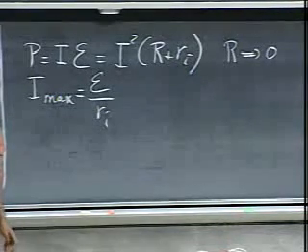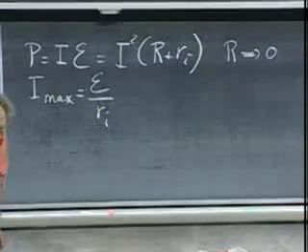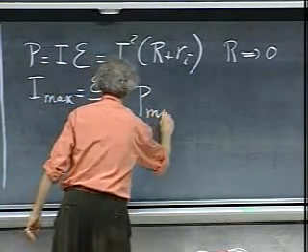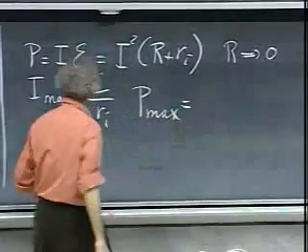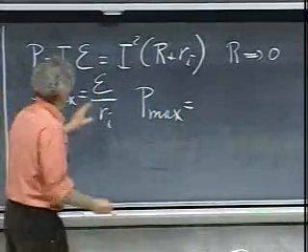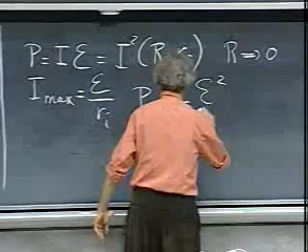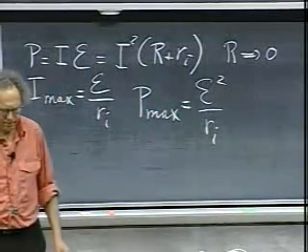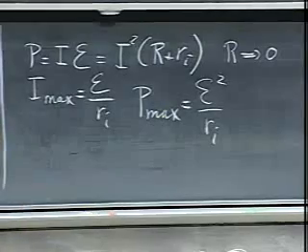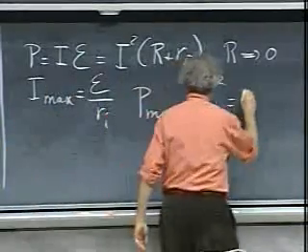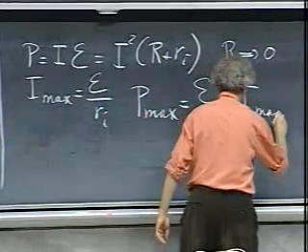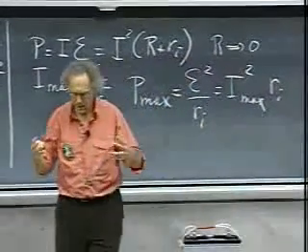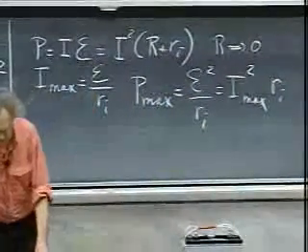And so you get a power, which is the maximum power, which is now E squared divided by R of I. That's I maximum squared times R of I, and all of that comes out inside the battery. Nothing comes out outside it.